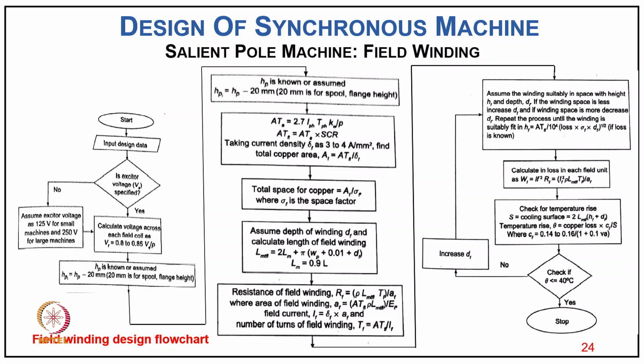Then calculate the loss in each field coil WF equal to IF square RF or IF square rho LMT TF upon AF. Then check the temperature rise: S equal to cooling surface, that is 2 LMT DF, and temperature theta equal to copper loss into CF into S, where CF is 0.04 to 0.16 divided by (1 + 0.1 VA). Check if theta is less than the specified value, typically a rise of 40 degree. If no, then increase the DF.